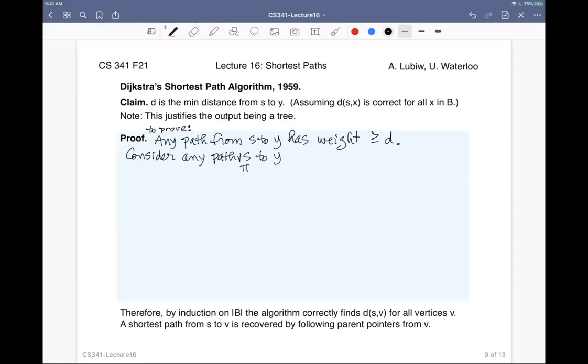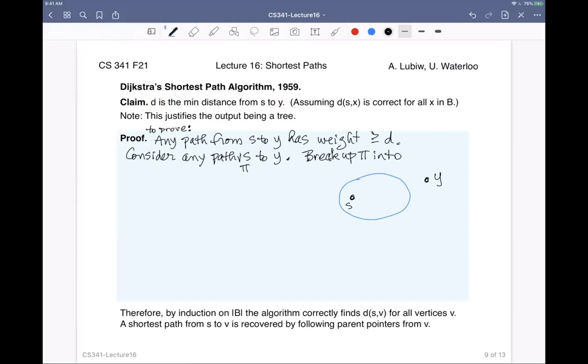And I'm going to break this up. Break up the path pi into the following. Let me draw a picture of this. So I have my set B, and I have S. I have my vertex Y, which is currently outside here.